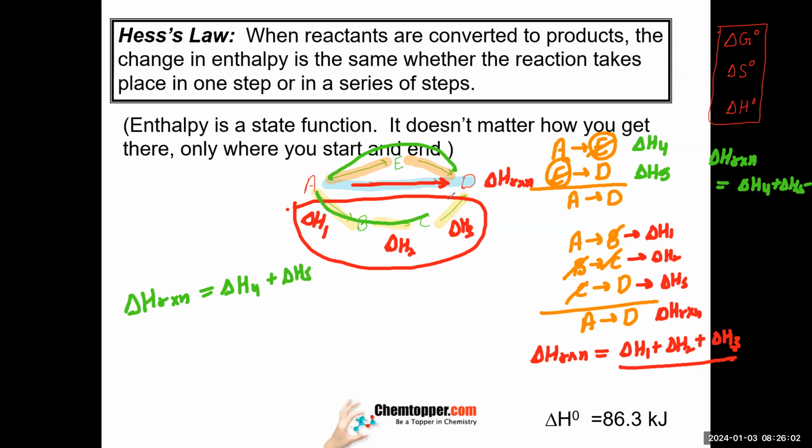When I followed this path is delta H1 plus delta H2 plus delta H3. And this is based on the state function nature of the enthalpy. Whatever path you follow, delta H of the reaction will not change. Whether you follow this path or you follow this path.